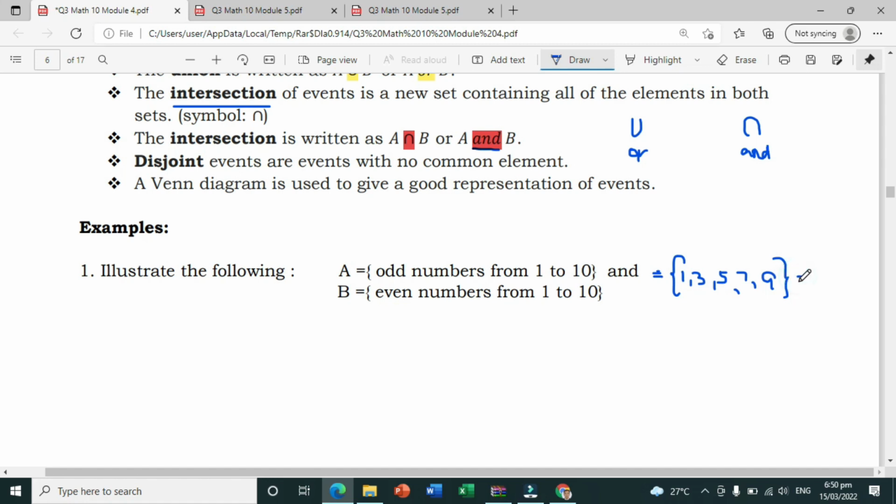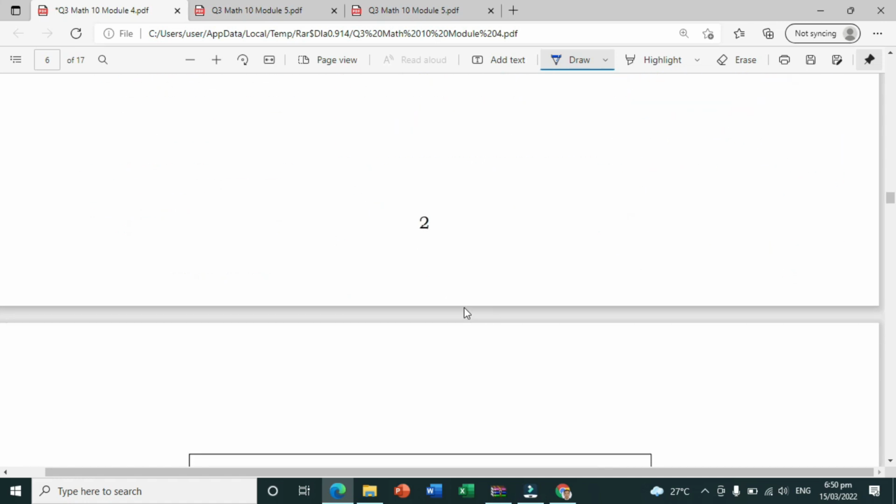That is set A. Okay? For set B, what are the even numbers from 1 to 10? So, 2, 4, 6, 8, and 10. So, this is set B. Okay.